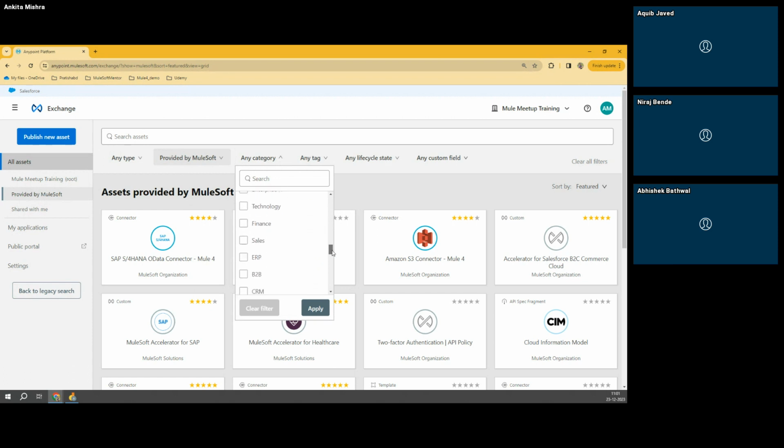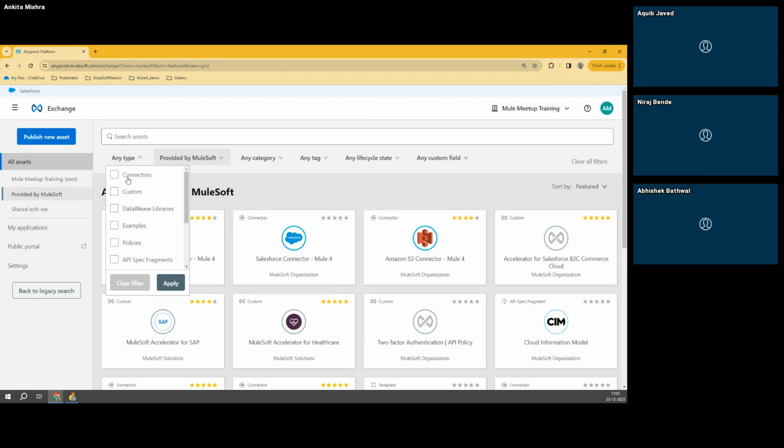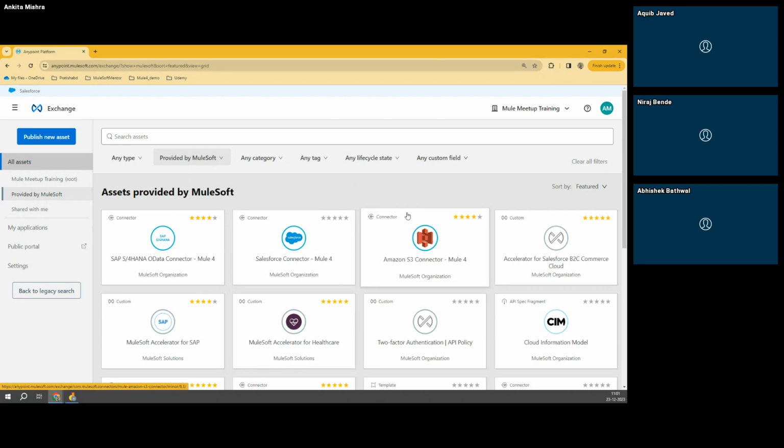You can talk about any kind of third party, and you should be able to find those connectors, those APIs, those assets. You can see it here also: connectors, custom APIs or custom DataWeave libraries, examples, policies, fragments, RPA activity templates, which is newly introduced, templates, everything can be found here. You can filter it out and you can find it from here.